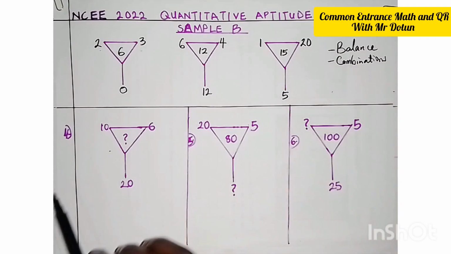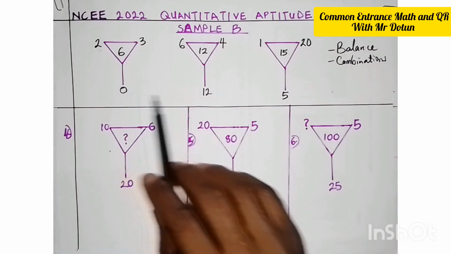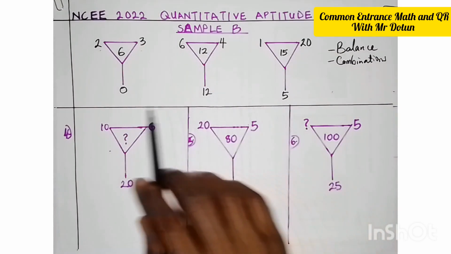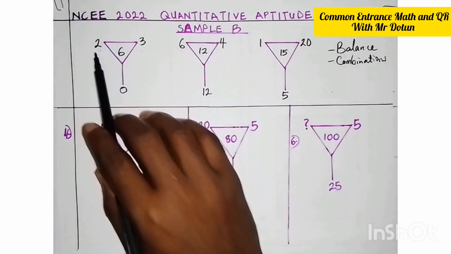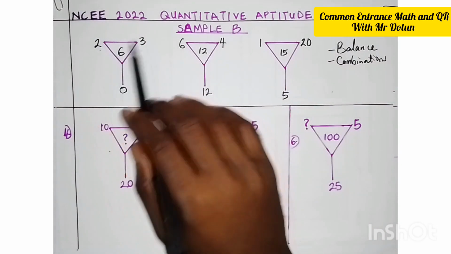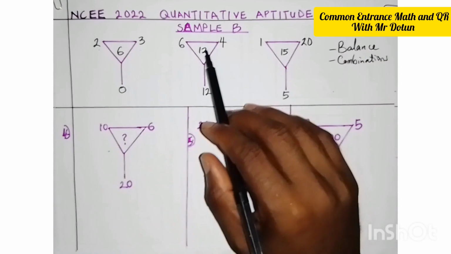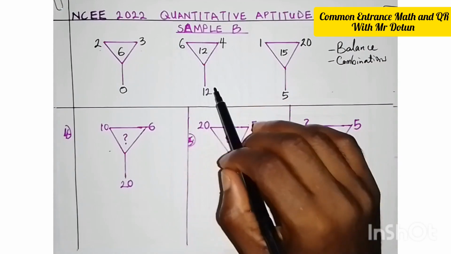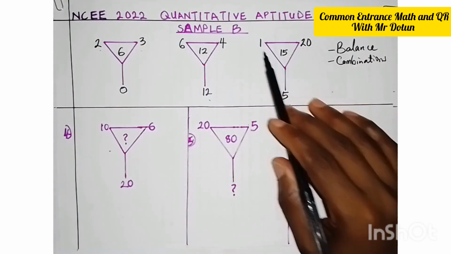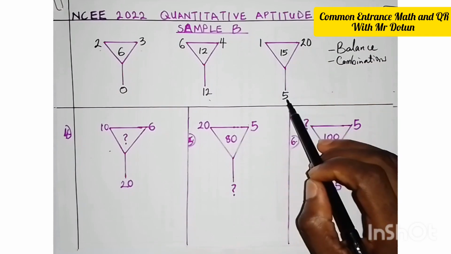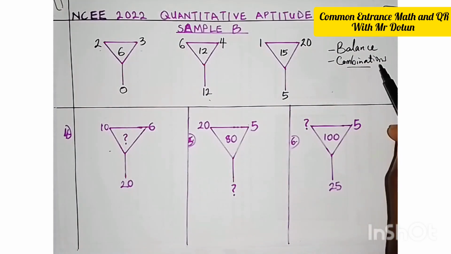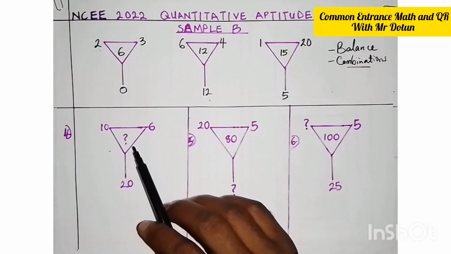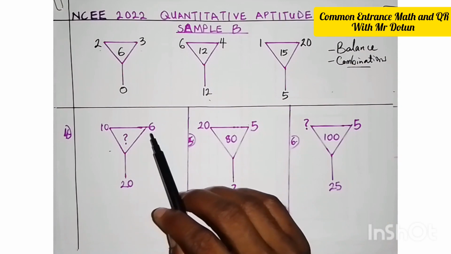So let's say the one down is our final answer. How do we combine these 3 numbers to get 0? How do we combine these 3 numbers to get 12? How do we combine this to get 5? That's what I mean by combination. So let's find out if there's a way we could.